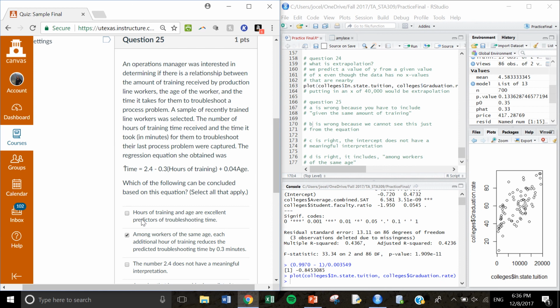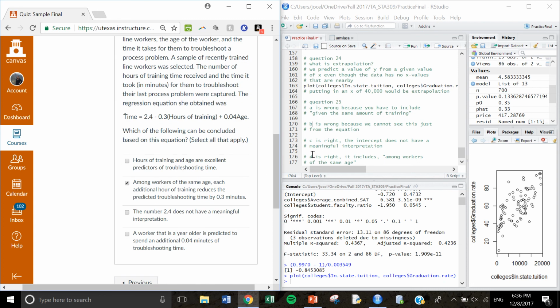When interpreting multiple regression output, we have to say among workers of the same age. Given that age stays the same, if I put one more hour of training, then this is the coefficient. So that's why B is right. B is right because it includes among workers of the same age.